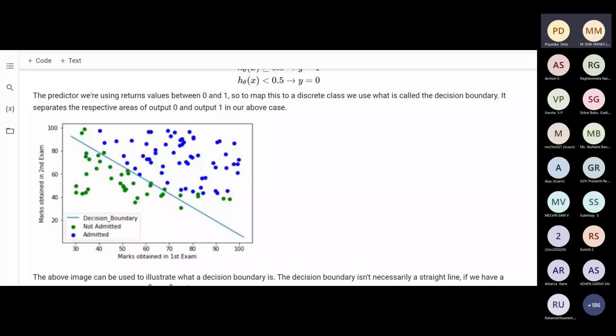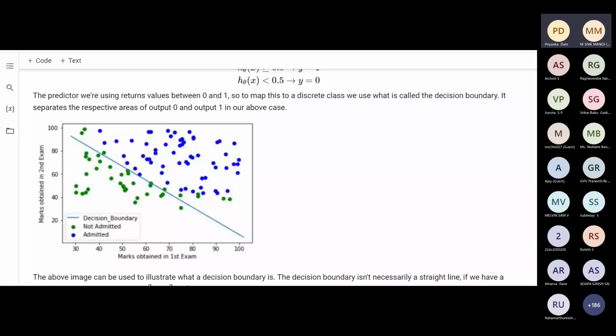Even though some green dots cross the decision boundary and go into the blue, we consider the maximum possibility, so every point below the blue line is not admitted and every point above the blue line is admitted.